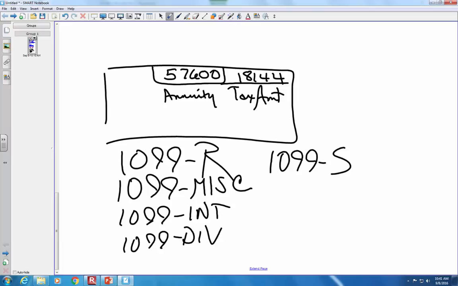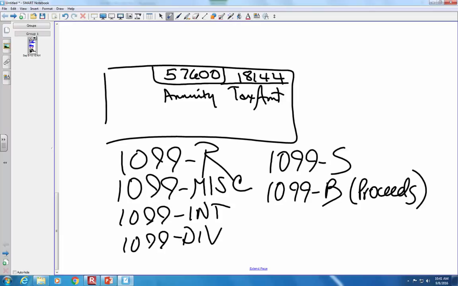It's your sales document, so to speak. And when you sell stocks and bonds, the proceeds, in other words, what you got, is a 1099B. Those are proceeds from the sales of stocks, bonds, jewelry, gold, antiques, anything that we track through capital markets.